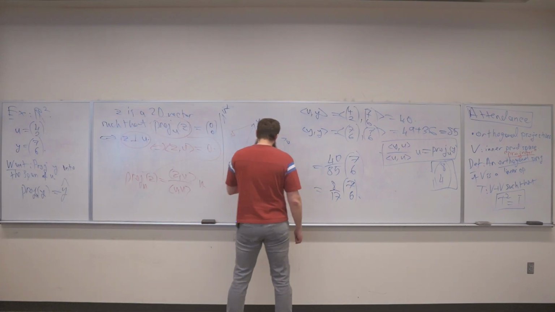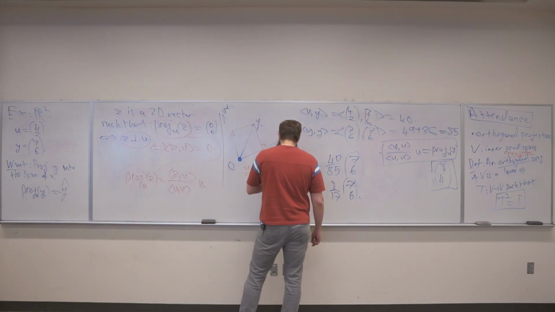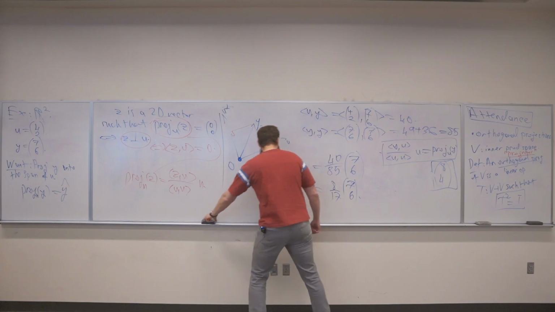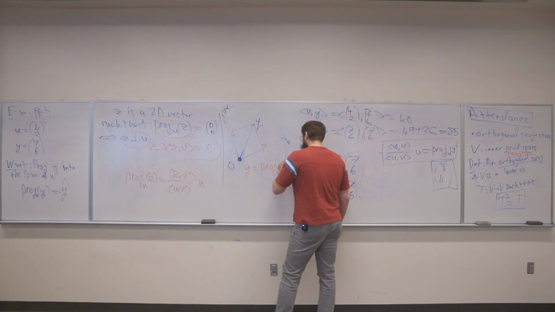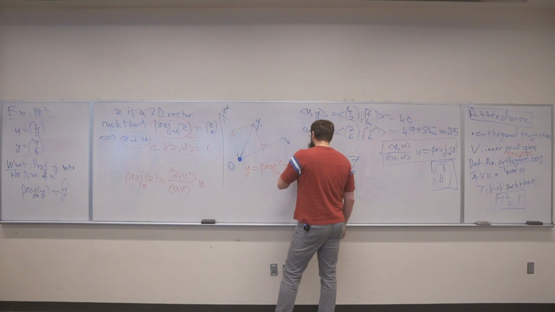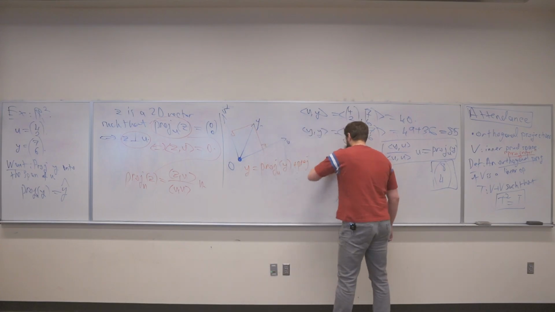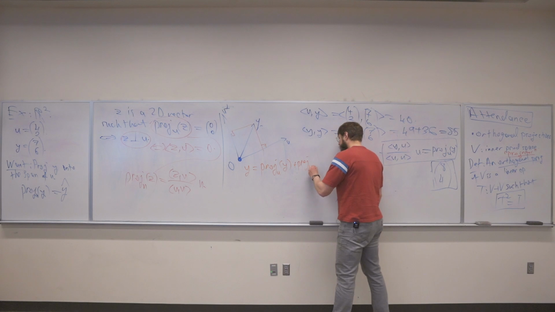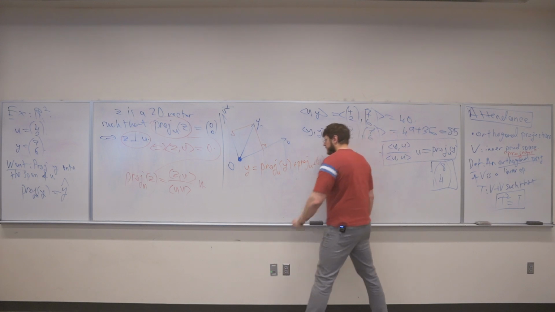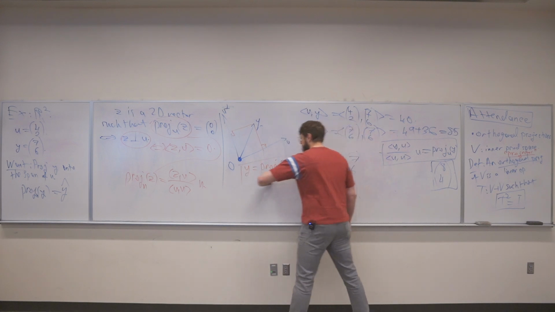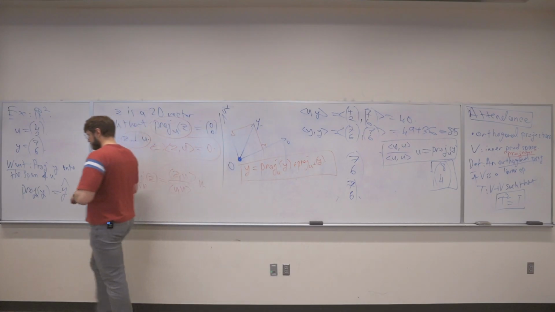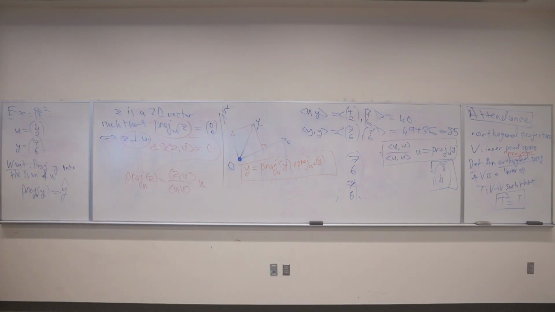So Y equals proj sub U of Y plus proj sub U perp of Y. This is the main idea with orthogonal projections.